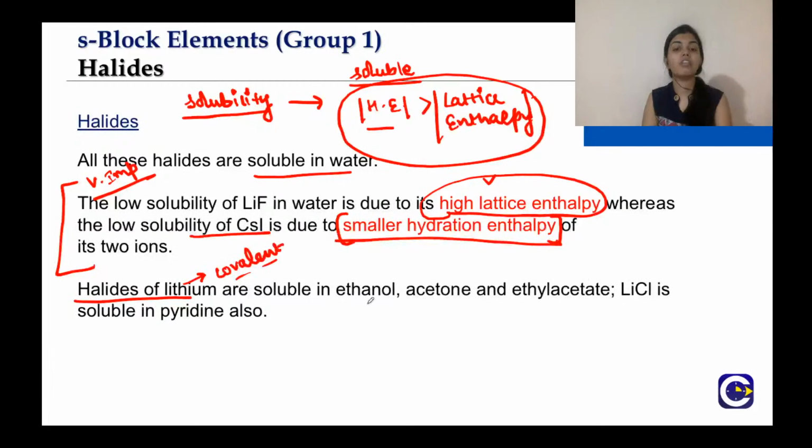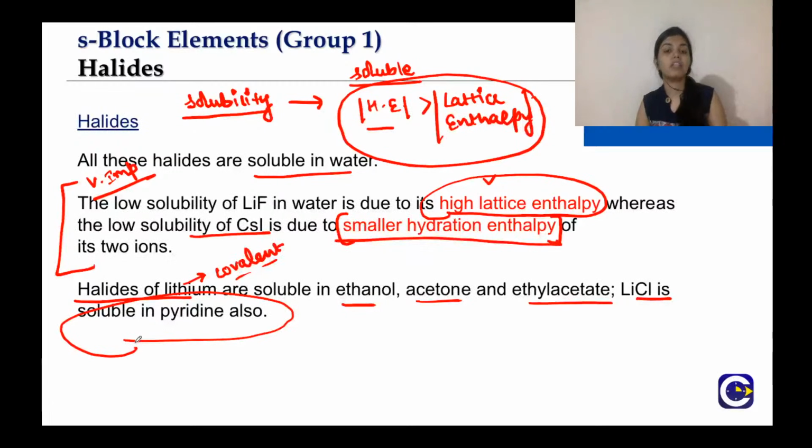Therefore they are soluble in non-polar solvents also, like ethanol, acetone and ethyl acetate. Even lithium chloride is soluble in pyridine also. So because of its covalent character, it is soluble in non-polar solvents like ethanol, acetone and ethyl acetate.